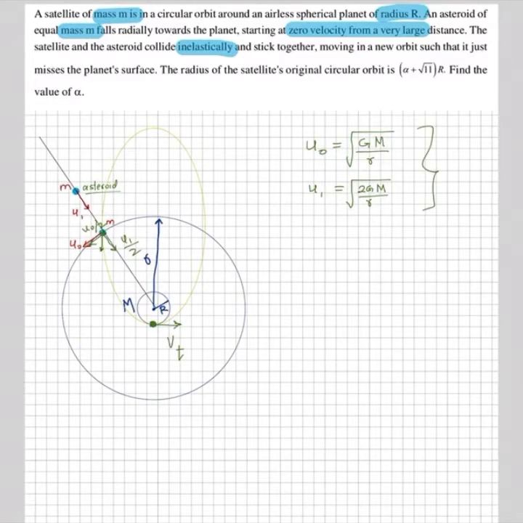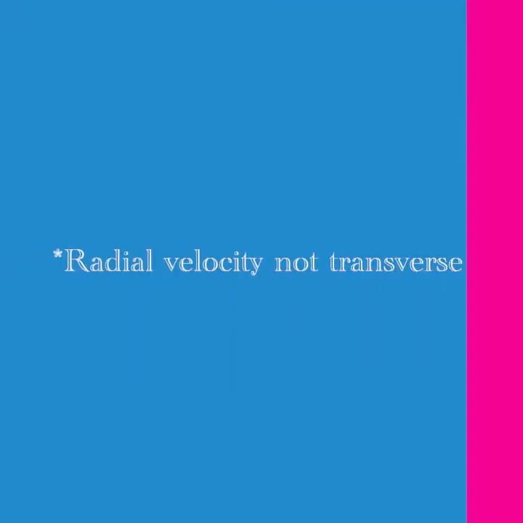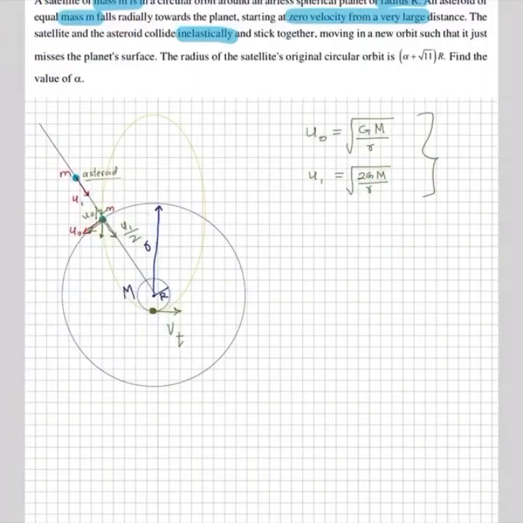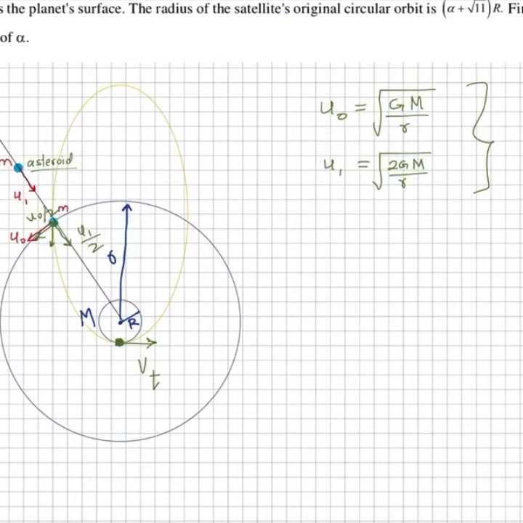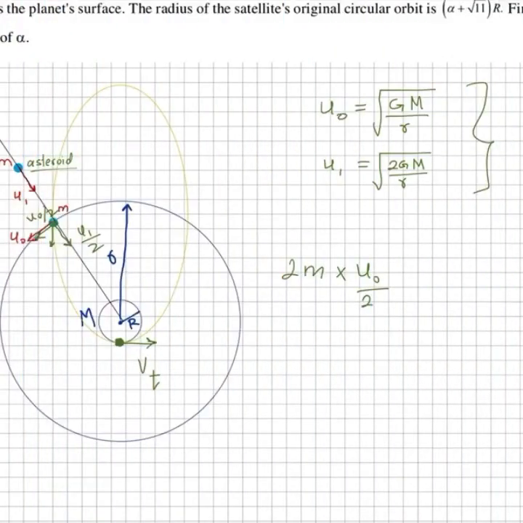And let's assume that just when it grazes the planet, its tangential velocity is vt. There will be no radial velocity, as you can clearly note. Now by angular momentum conservation, we can observe that, because just after the collision, by linear momentum conservation, the velocity of the 2m mass will be u0 by 2 in the tangential direction and u1 by 2 in the radial direction.